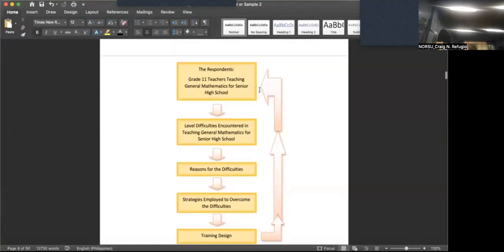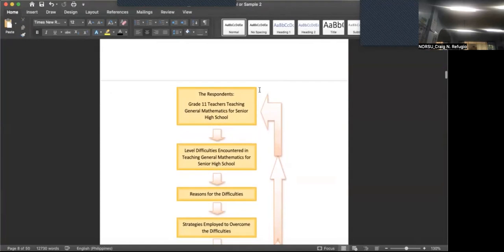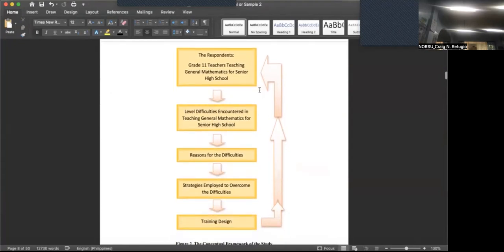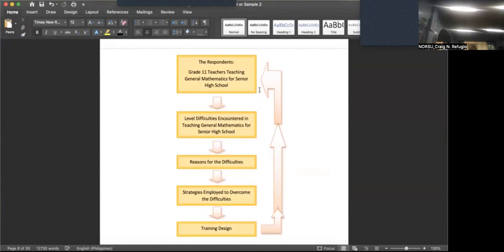Now, I will not let you copy the format. The flow is exactly the same, but I will not let you copy the design of the conceptual framework. I want you to design your own, as long as all of these are followed, not necessarily rectangles. You can redesign the arrow.